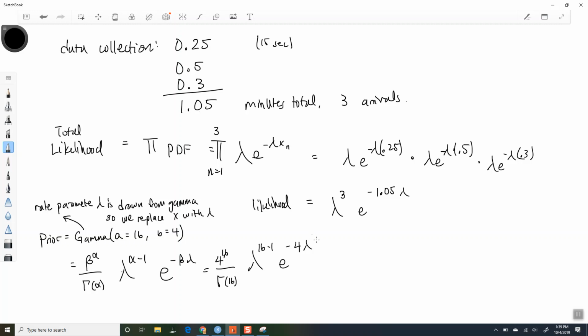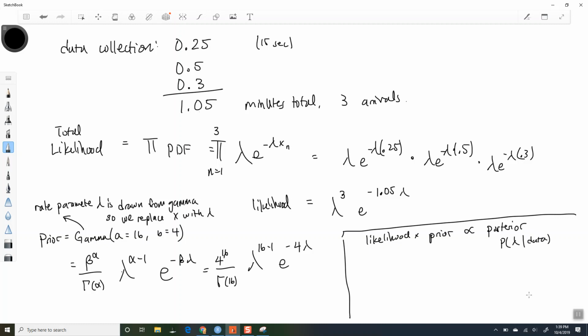All right, I will combine this with my likelihood. The likelihood times the prior will give me something proportional to my posterior distribution, which is going to be the probability of lambda given the data that we've seen.